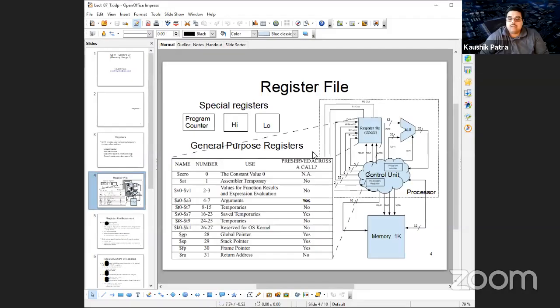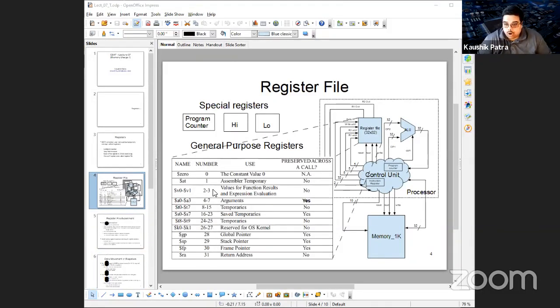I hope you have seen this slide already. It tells you that there are 32 registers, each of them 32-bit, and you can refer to them by number, like $0, $1, $2, etc. In the successive experiment, you have probably seen that.